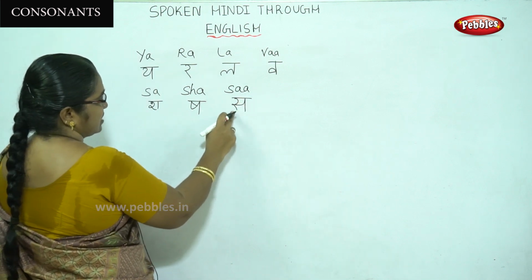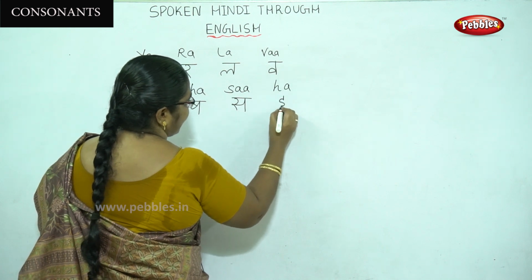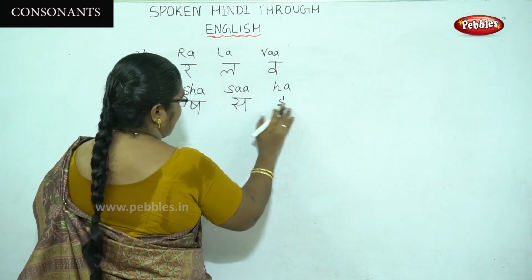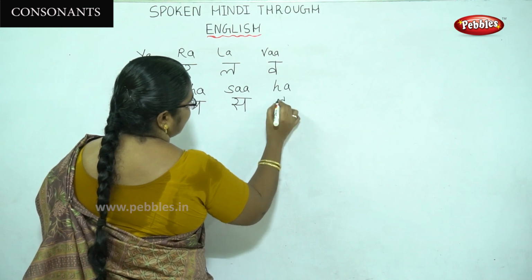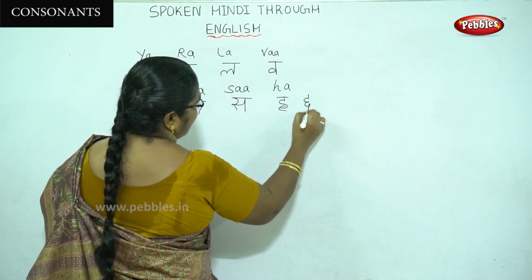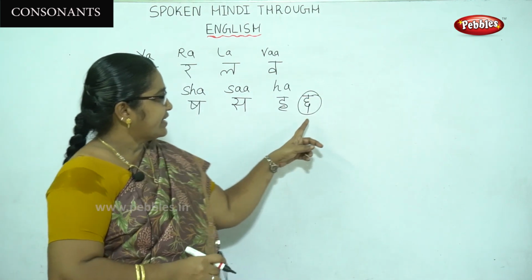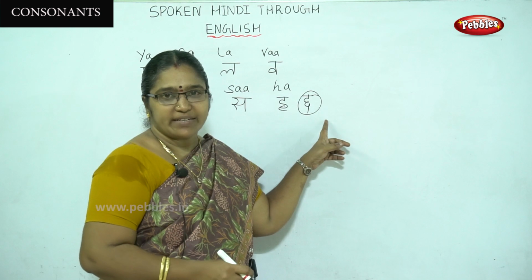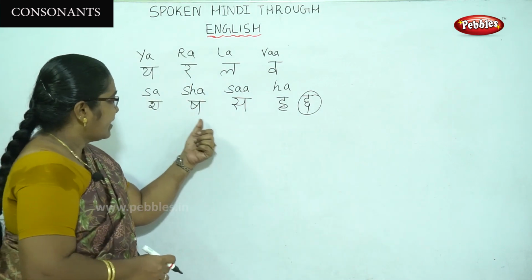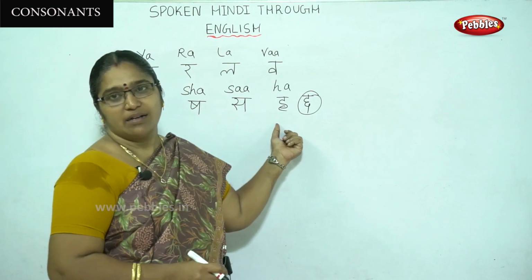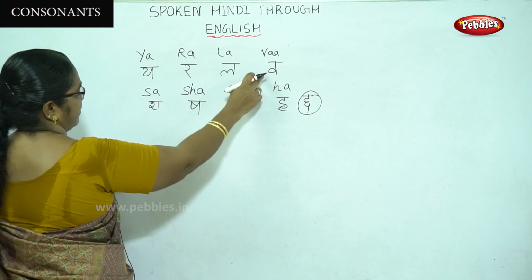For that we have to use sa. The next one is ha. We can write it like this, or nowadays we are writing like this. This is also correct. Okay, this is ha.